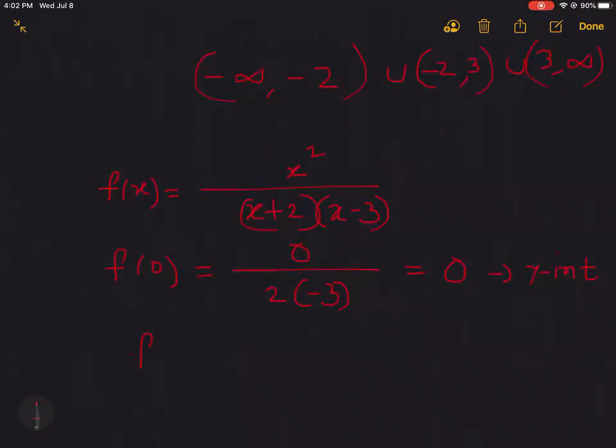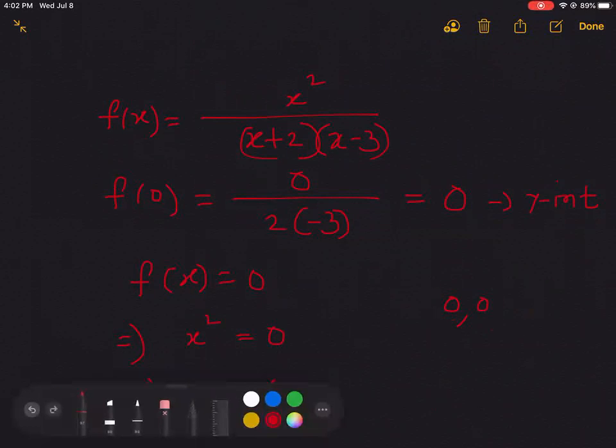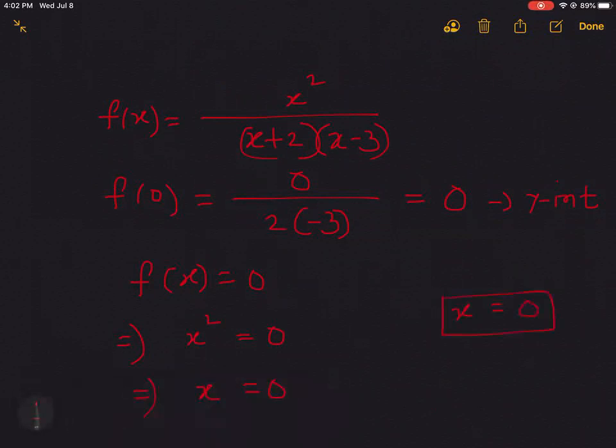And if we plug in f of x equals 0, that means x squared equals 0, because the denominator can't be 0, so x equals 0. So you can write that it will have an intercept at x equals 0. That will be your x-intercept, and at y equals 0, you'll have your y-intercept.